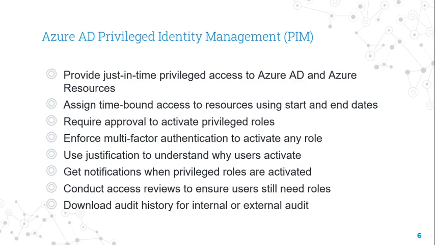Getting notifications when a user is assigned a privilege and when that privilege is activated. Conducting access reviews to know which users have privileged roles in the organization and if they still need them. Downloading an audit history for internal and external audit. This keeps track of all PIM events.